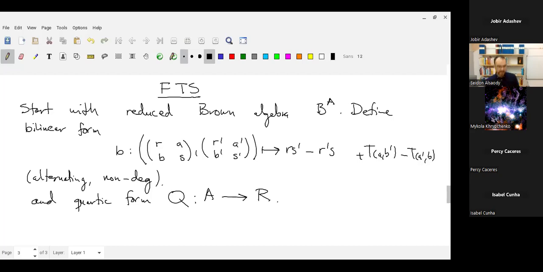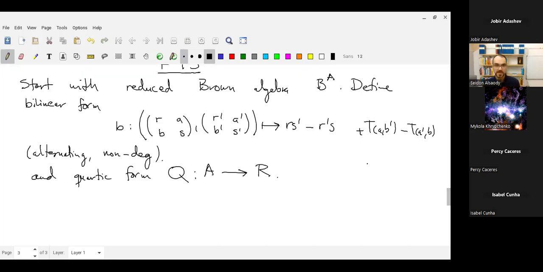And then what do you do? So classically, if 6 is invertible, so classically, these objects, including Brown algebras, were only studied under the assumption that 6 is invertible. So if you're over a field, characteristic is different from 2 and 3.